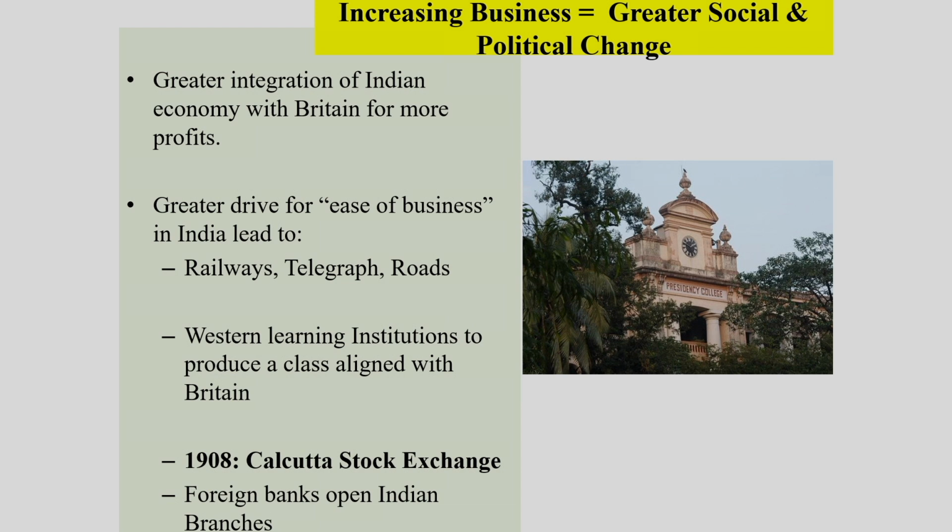So just as railways were becoming the prime vehicles for the transport of people and raw materials from one place to the other, the establishment and expansion of the telegraph services was also seen as a consequence, to make the ease of business more convenient in the Bengal Presidency and more generally in the Indian subcontinent.